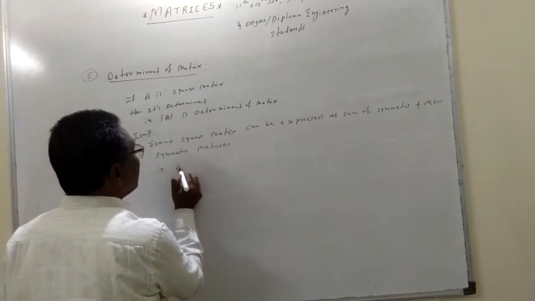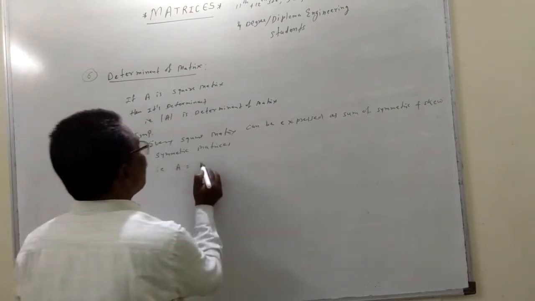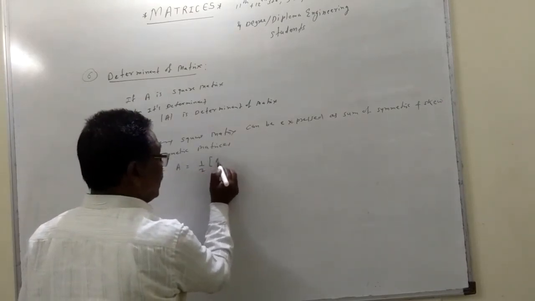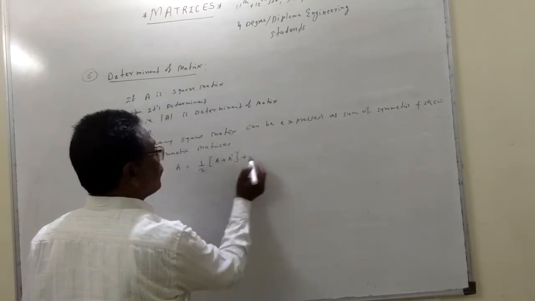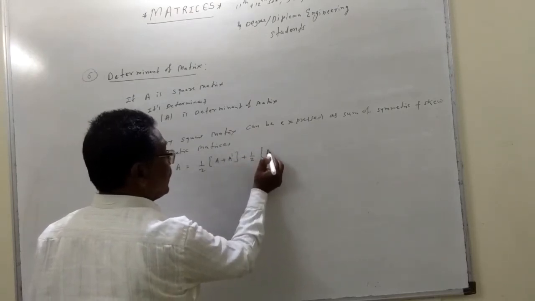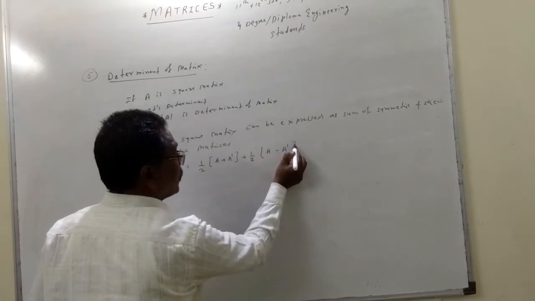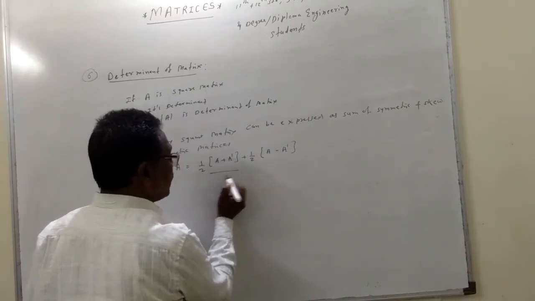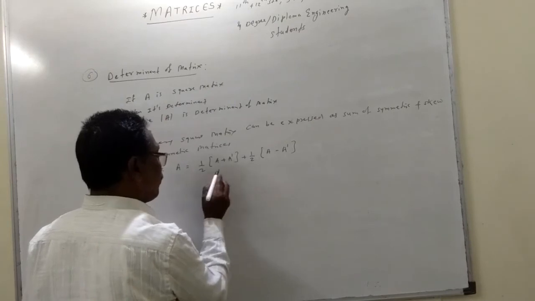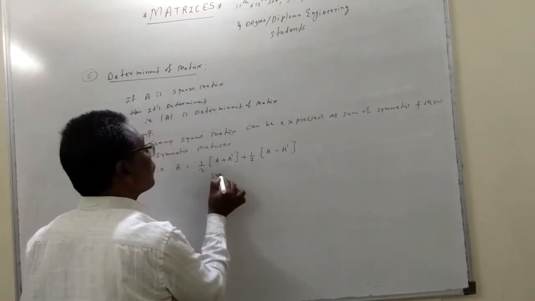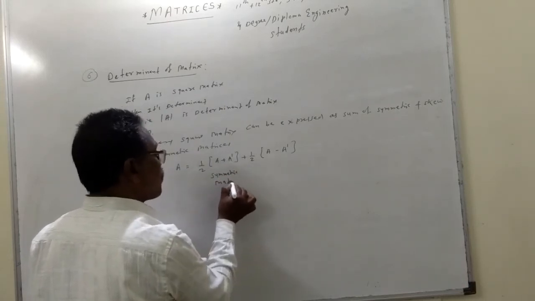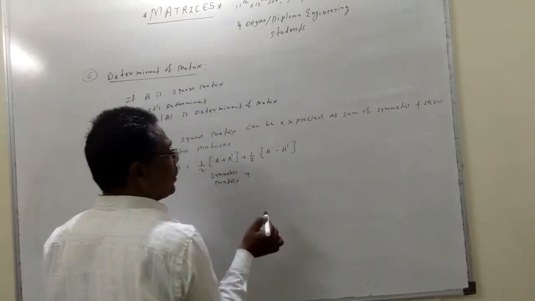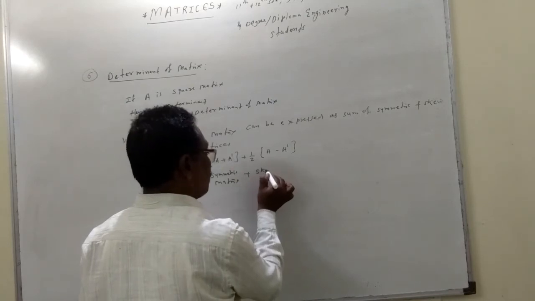That is, A is a square matrix. So A is equal to, we can write, 1 upon 2 of A plus A dash, plus 1 half of A minus A dash. So this first matrix is the symmetric matrix, and the second matrix we are getting is skew symmetric.